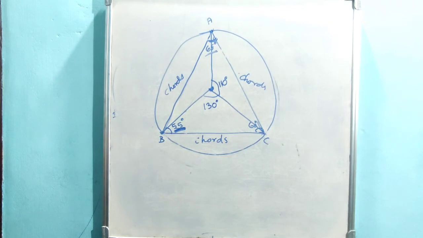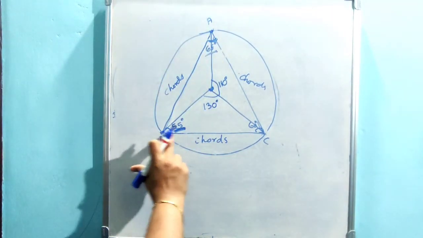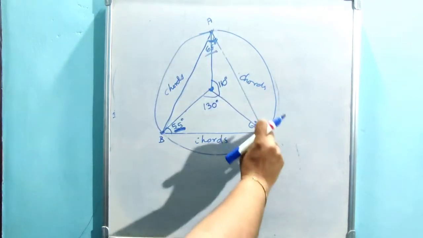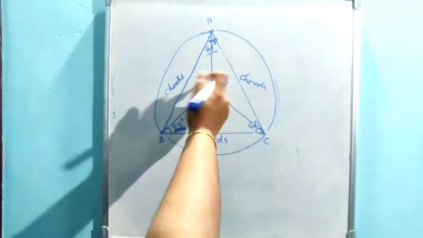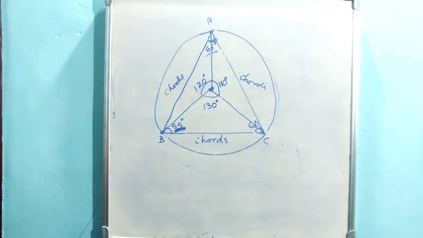Similarly, the last chord is AB, and this AB makes an angle 60 degree in the alternate arc. Then its central angle is 120, double of 60. So these are the central angles of the chords.